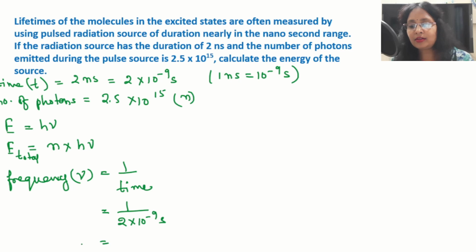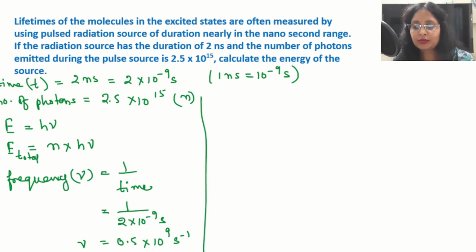So we can write frequency is equal to 0.5. 1 by 2 is equal to 0.5 into 10 to the power 9 per second. This is the frequency.